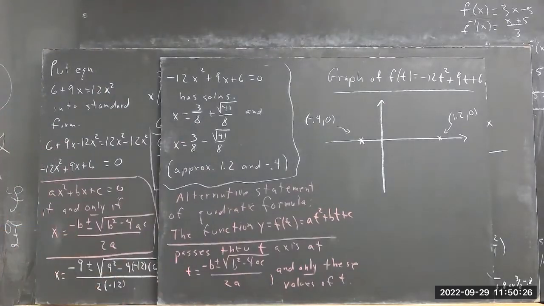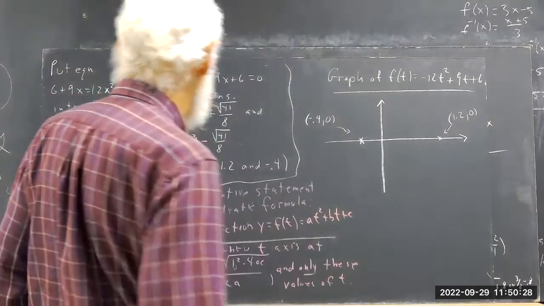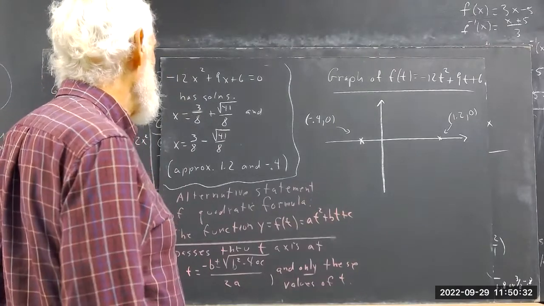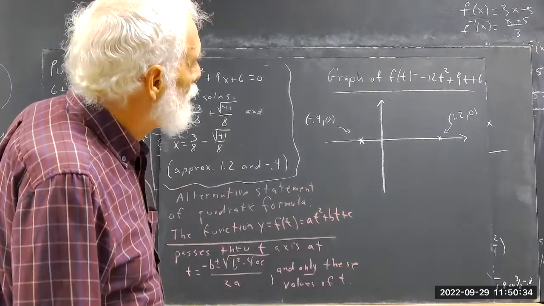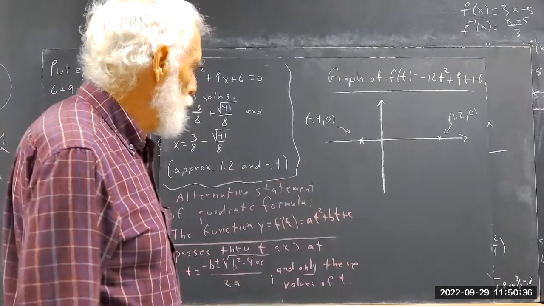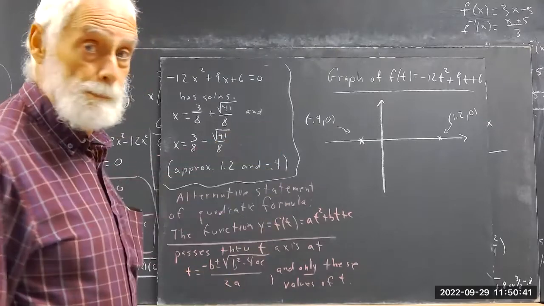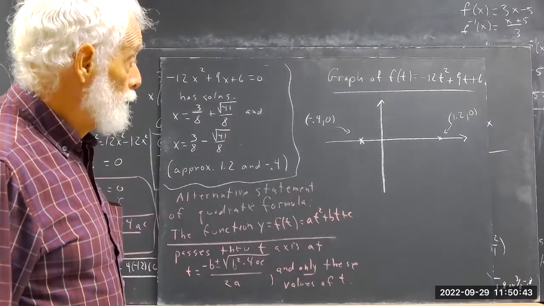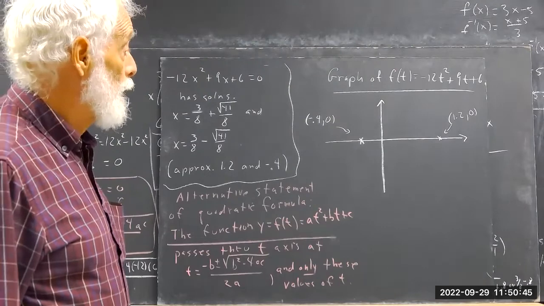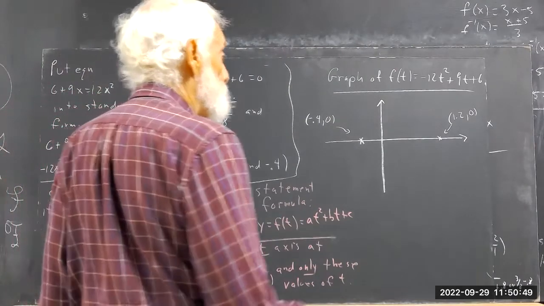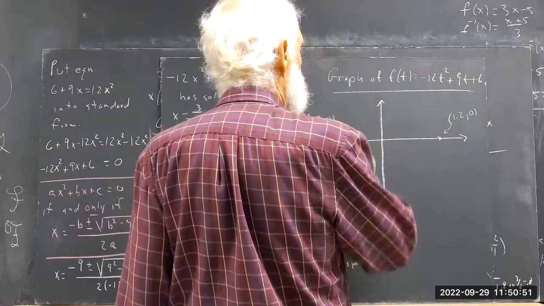Those are approximate. Going to be a little to the left of this, a little to the right of that, I think. Okay, there's a graph. Okay, what else do we know about the graph? Well, these are the zeros.